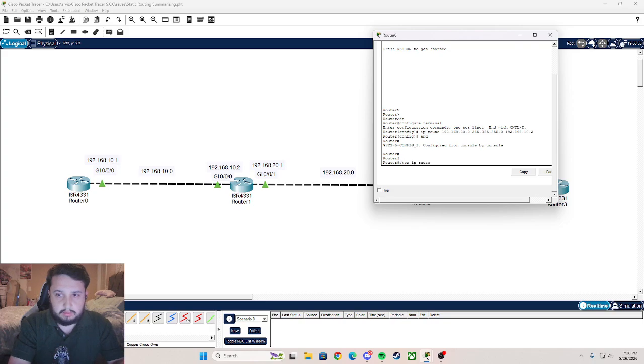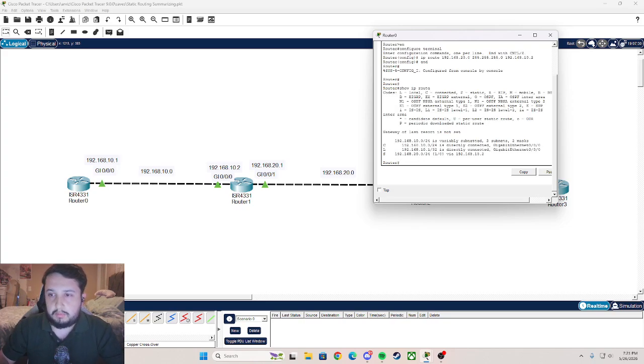Or we can show IP route. Then you can see that this S stands for static.